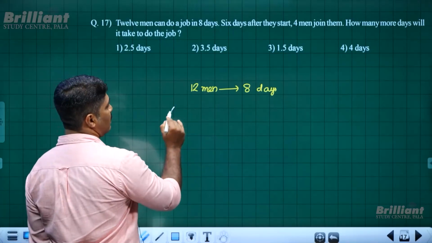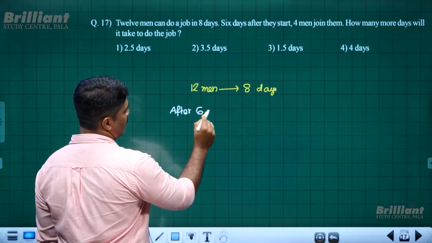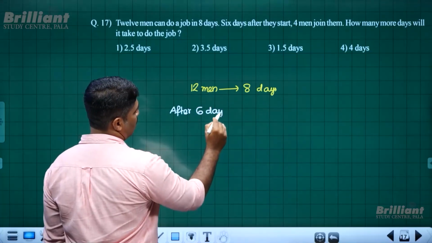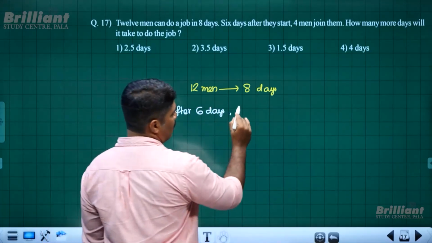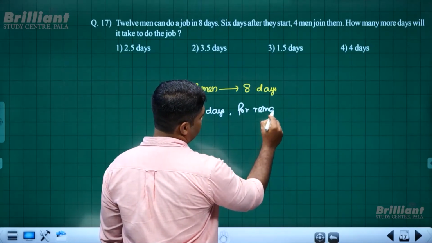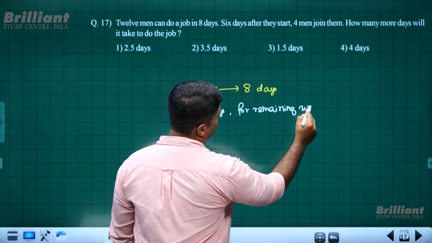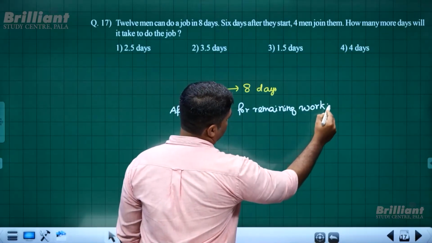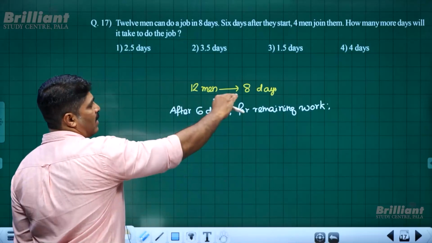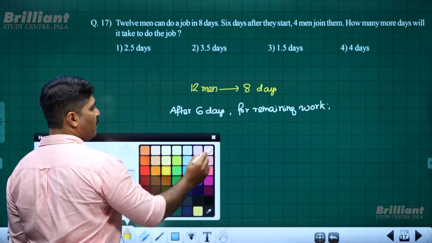After 6 days, for the remaining work, we are considering the calculation for the remaining quantity of work. What we can write? This kind of a step there for the remaining work.